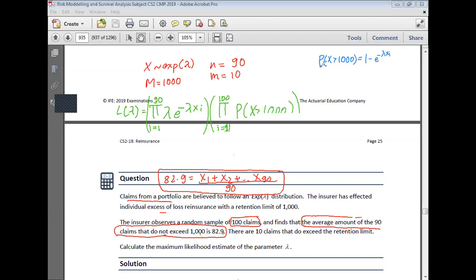Okay, so I'm only looking for this probability where my x follows exponential with lambda. Forget about this part. I'm just looking for this probability here. Can you tell me what will it be? Ma'am, it will be e raised to minus 1000 lambda.